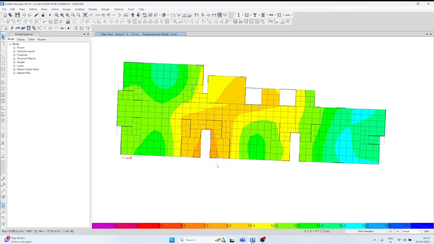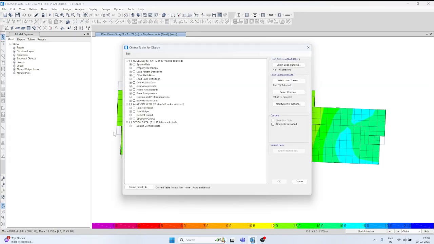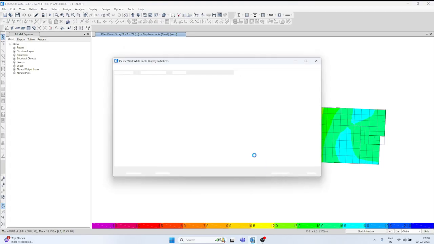Now what you have to do: go to display, click here and go to show tables, then go to structure output, then other output items, click here, and select buckling factors, then click OK.